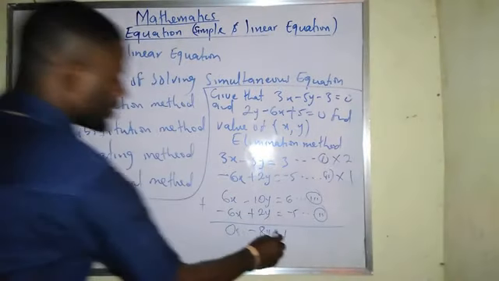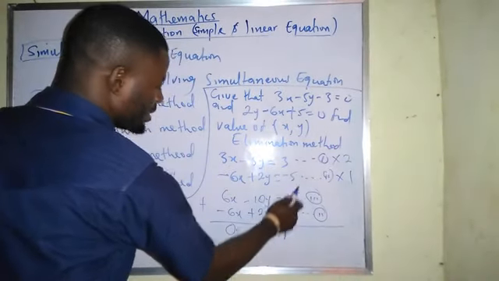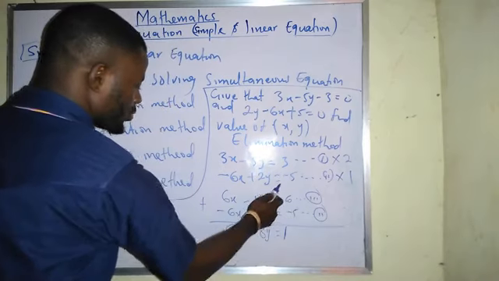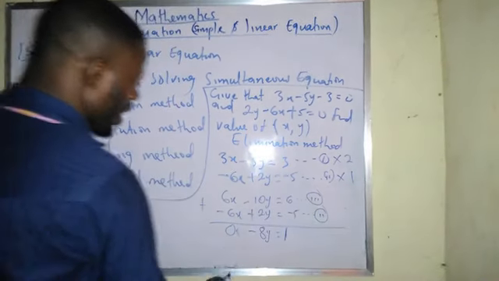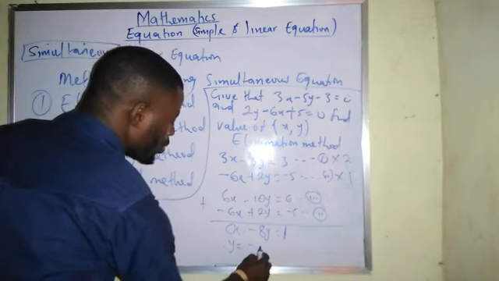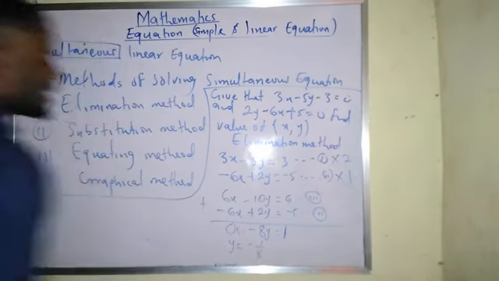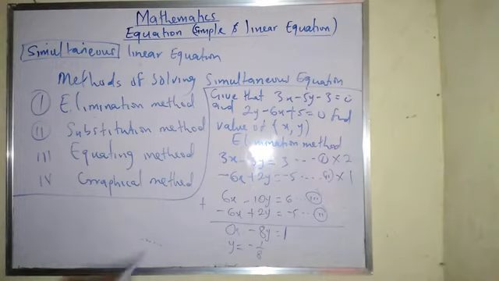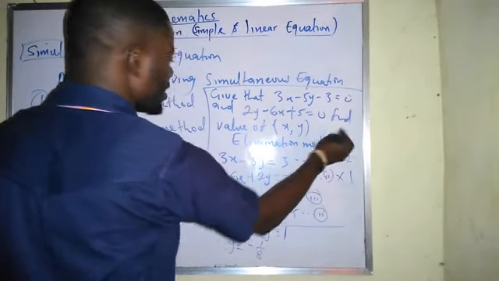I'm just adding up this and this. At this point, my y will be equal to minus 1 over 8. That is my y. It means at this point, my y is equal to what?